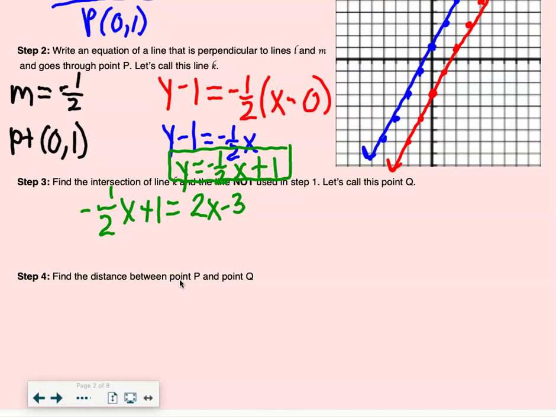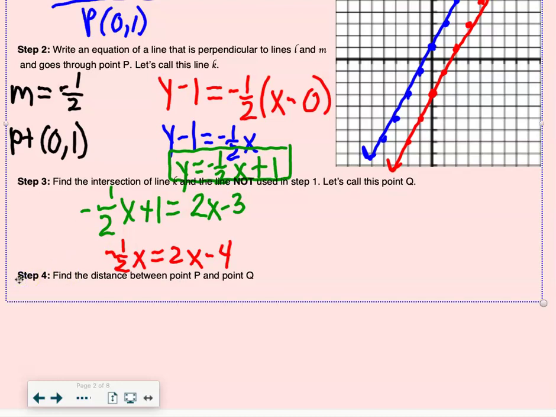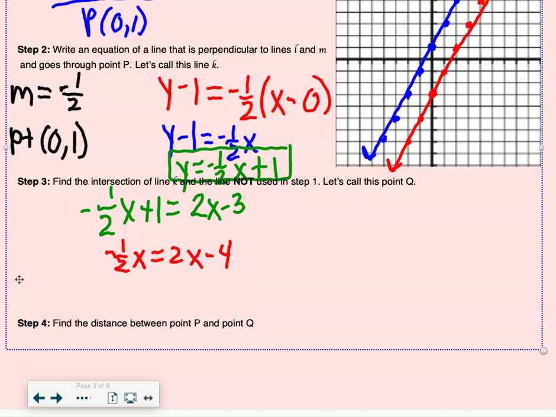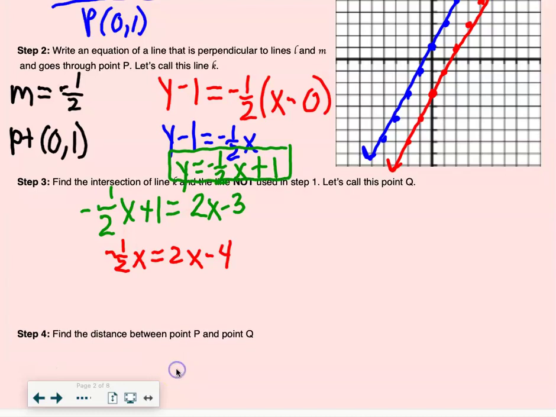What do you guys want to move first? Move the 1 over. So I have negative half x equals 2x minus 4. Now what? Subtract 2x. So what's negative half minus 2?